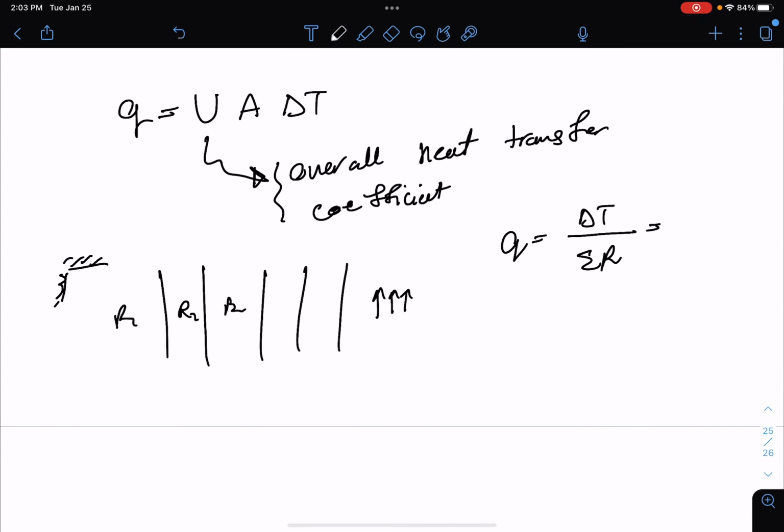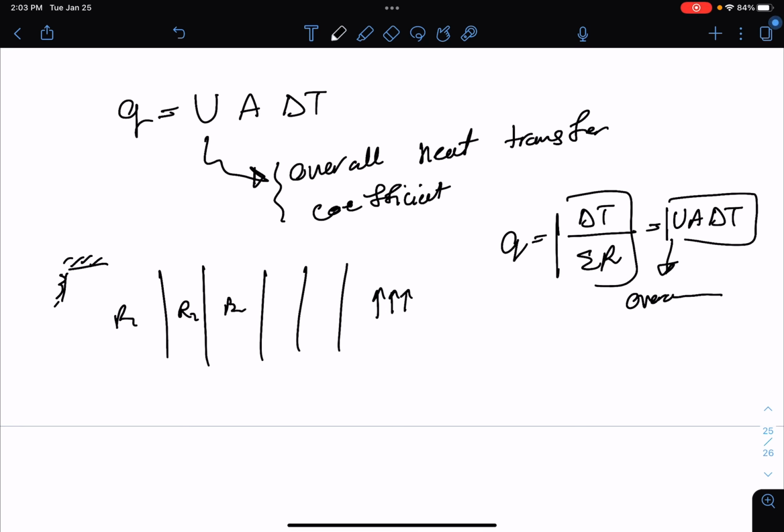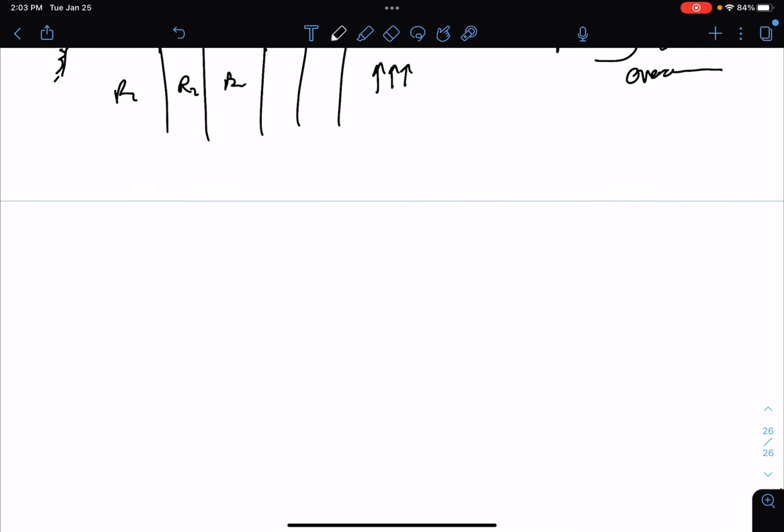And then this is equal to UA delta T. When you set these two equal to each other, you can calculate this U, which is the overall heat transfer coefficient. So if you were asked to find the overall heat transfer coefficient, just solve this regularly as you would. Then you set it equal to UA delta T to find the overall heat transfer coefficient.